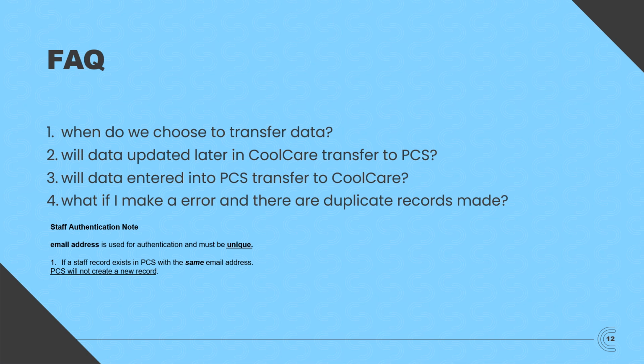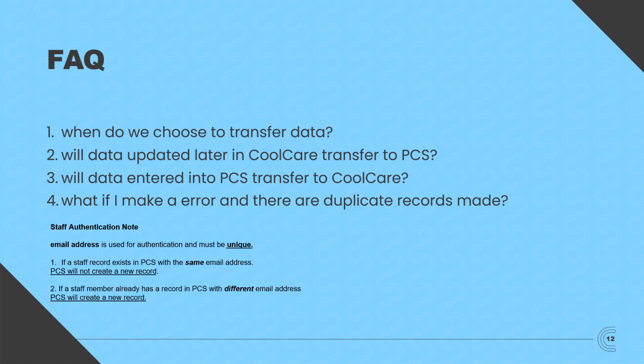And really, when we're talking about the email address, we are talking about a personal email address, not any kind of company email address. So if a staff member already has a record in PCS with a different email address, the system will create a new record. Again, because it's the email address that has been keyed off to make sure this is a unique record, if the staff member is already in the system and you decide to put them into CoolCare again and press transfer, it will create a new one if the email address is different.